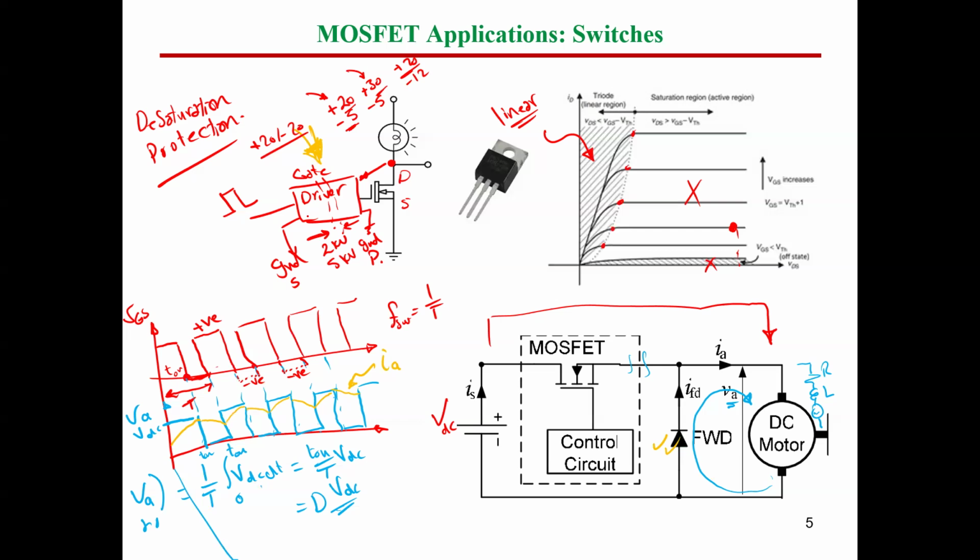This is one of the important applications we use in electrical power in our market. So this circuit here, guys, is called a DC to DC converter. From this type of converter, you can have a lot of other applications like switched mode regulators.